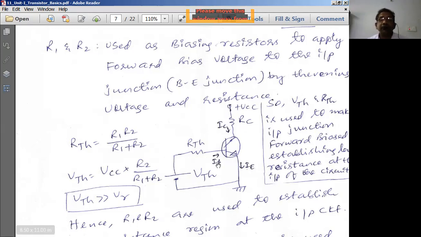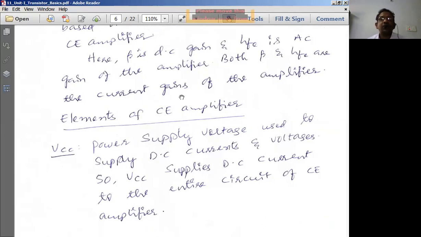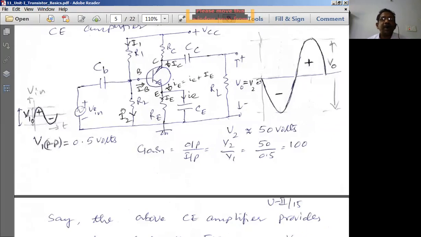Then next we find the Thevenin's voltage between base and the ground. Thevenin's voltage is nothing but the total supply voltage of the circuit times the resistance across which we are finding the voltage, divided by the sum of the resistances. Look here, across R2, that means from base to the ground, we are finding the voltage. What are the two resistors we have?